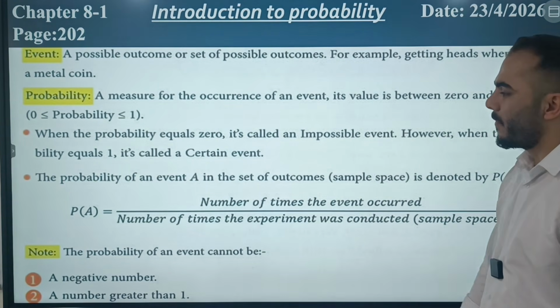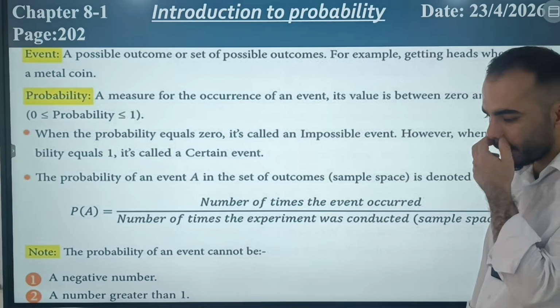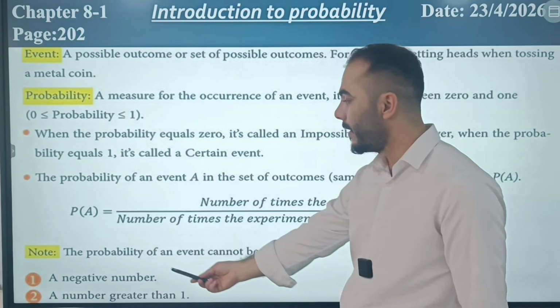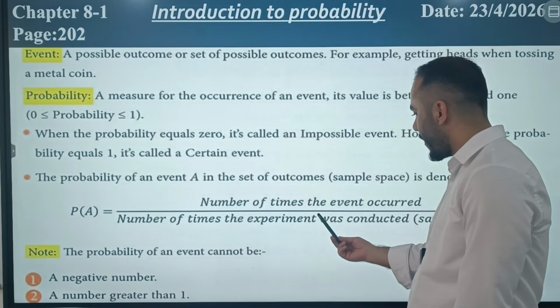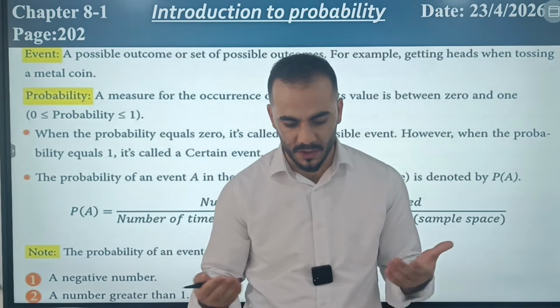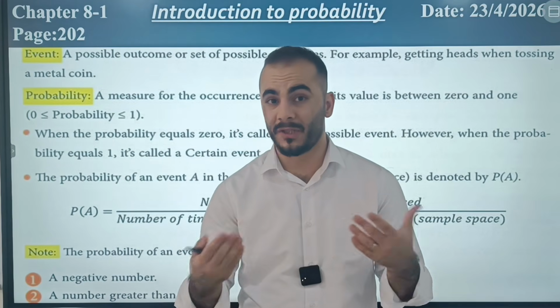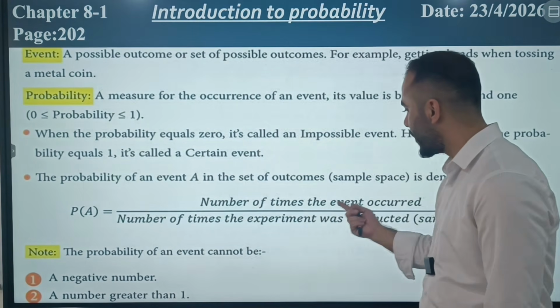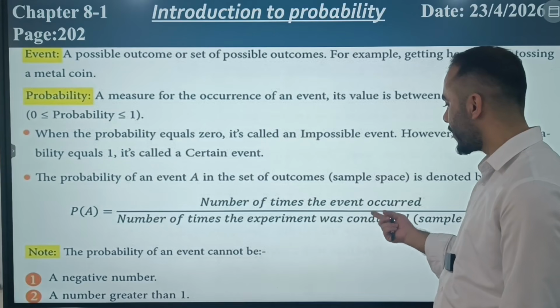And there is a formula. Experimental probability says that the probability of an event A is the number of times that the event occurred, so the event that we are discussing, how many times it happened, over the number of times the experiment was conducted.